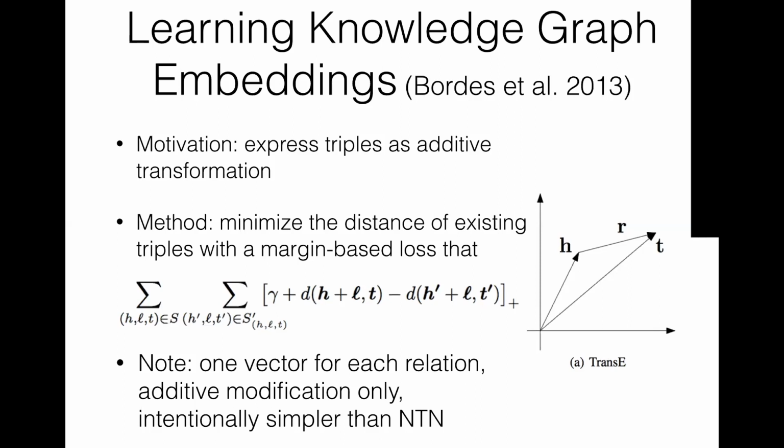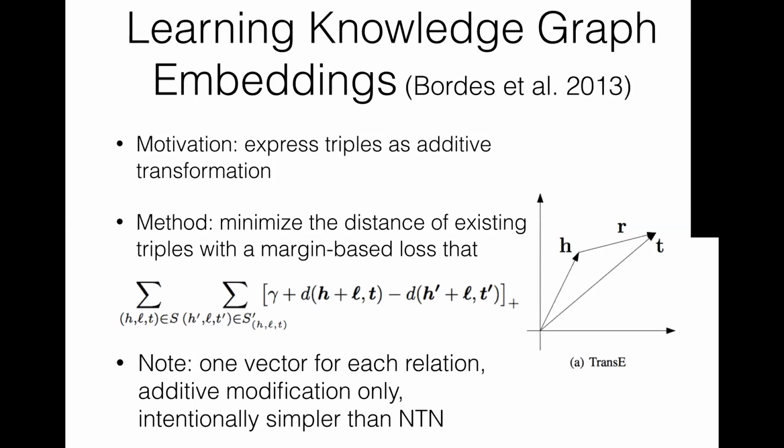So it will be like a linear transformation of head based on the weight matrix, W, that is parameterized according to relation, something like that. A lot of advance in knowledge-base representation learning has happened based on this TransE embedding.